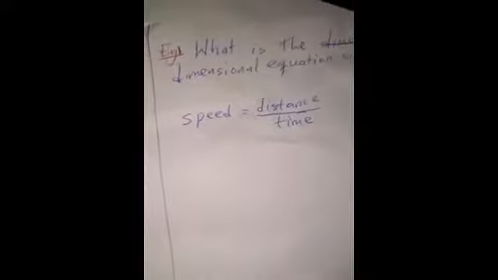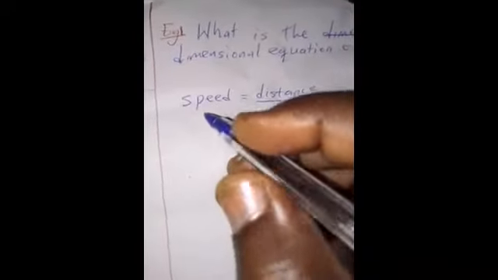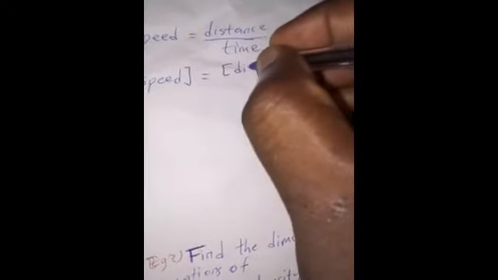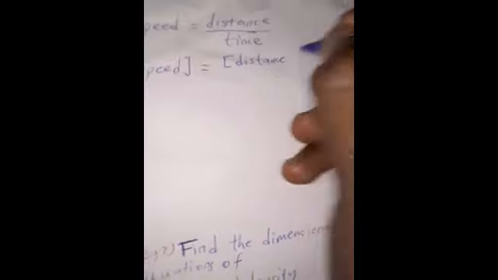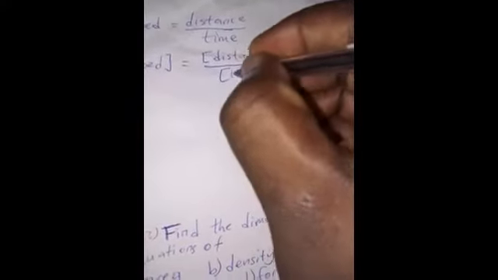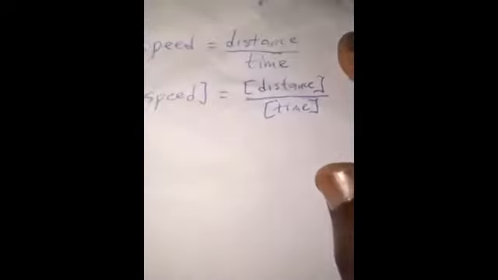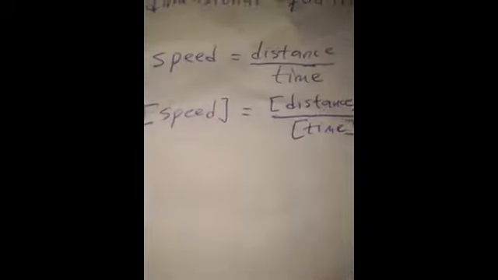This is the formula used to calculate speed. Now, before we can continue, I have to emphasize this. The dimension of speed is what I need, and that is going to be equal to the dimension of distance divided by the dimension of time.